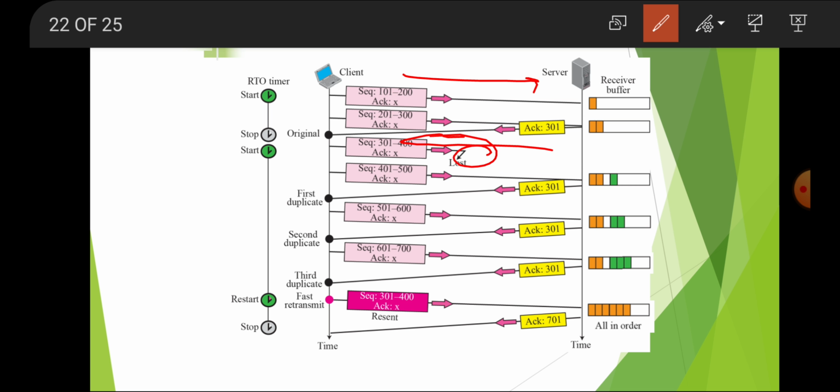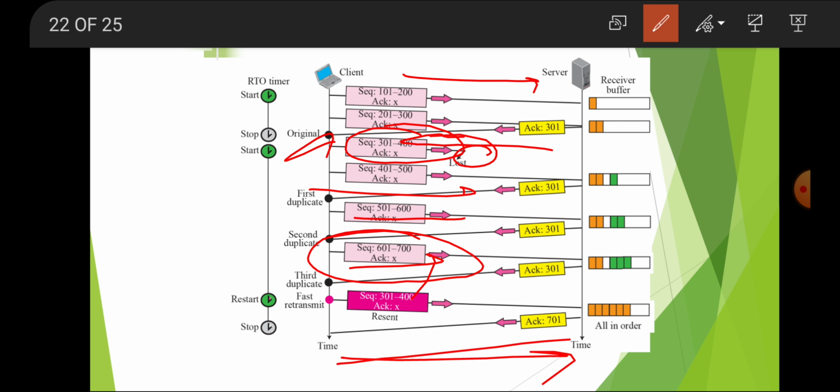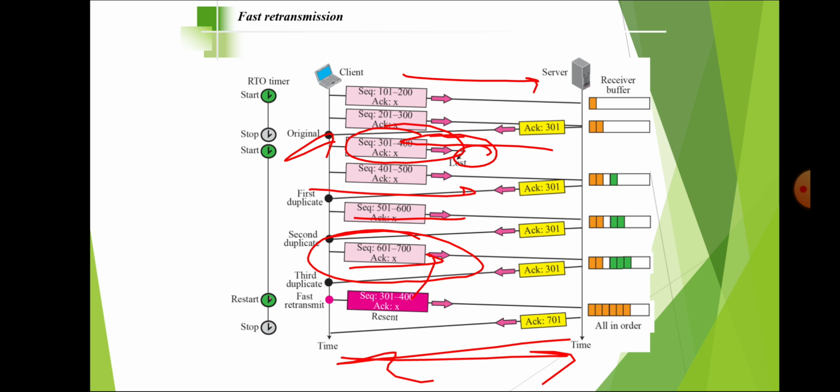When there is a packet loss, it still continues sending the next packets and receiving acknowledgements. But after some time it realizes that it has not received the acknowledgement for sequence number 301, so after stopping the current transmission it sends the previous packet again and then receives the acknowledgement. That is called fast retransmission.